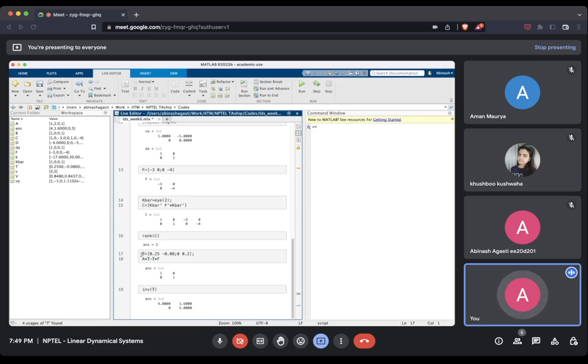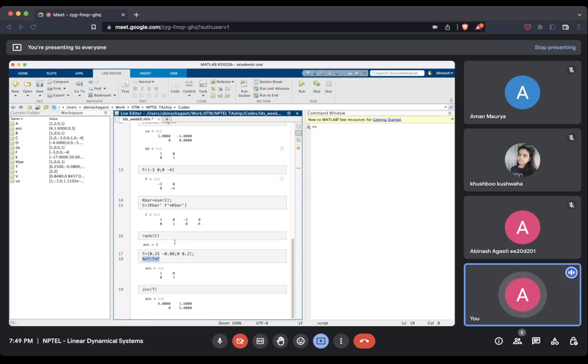Then finally, we found T by solving those equations, which is 0.25, minus 0.08, 0 and 0.2. Then, just for checking, what were we solving? AT minus TF is equal to B K bar.